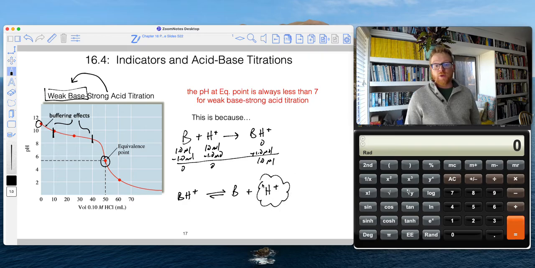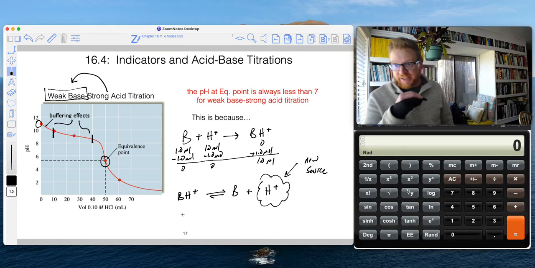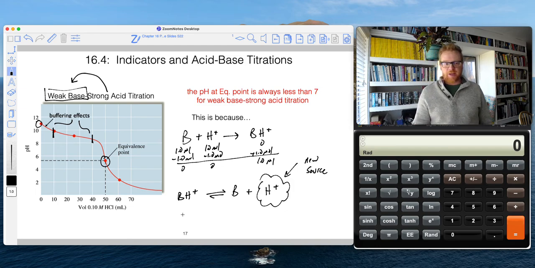And so thus we've released more H+, which is why our equivalence point is acidic. Okay? So once again, we remember that this H+ right here is what we were adding. We hit the equivalence point, it completely runs out, and now this is a new source of H+ coming from our base's conjugate acid. Okay?